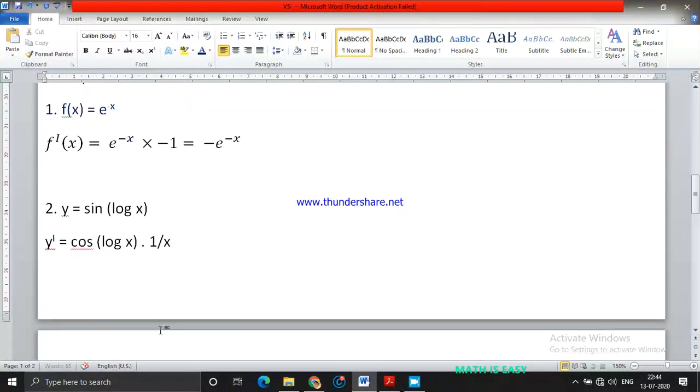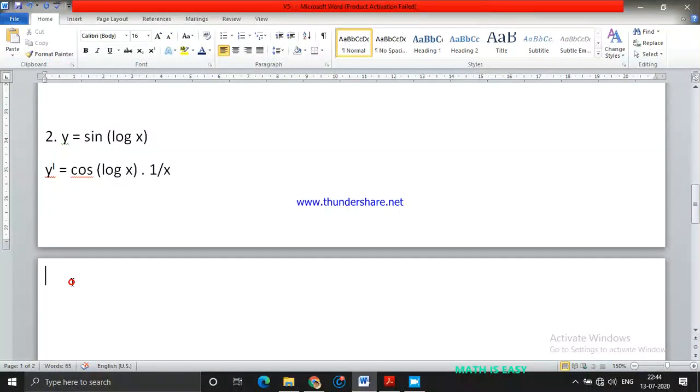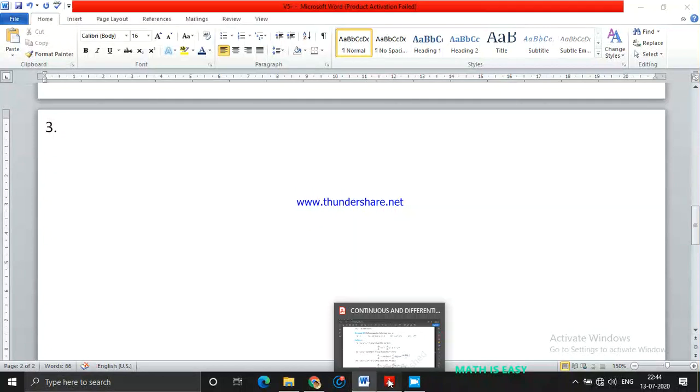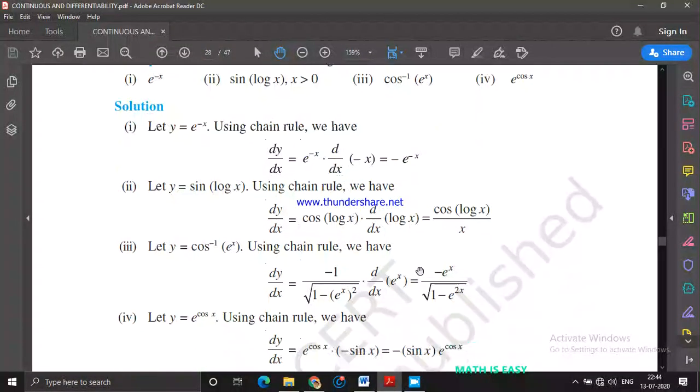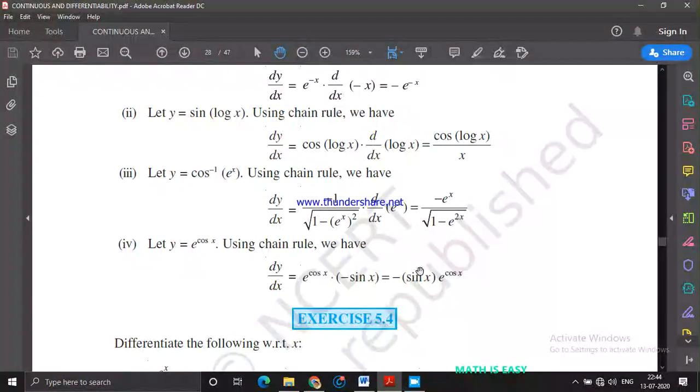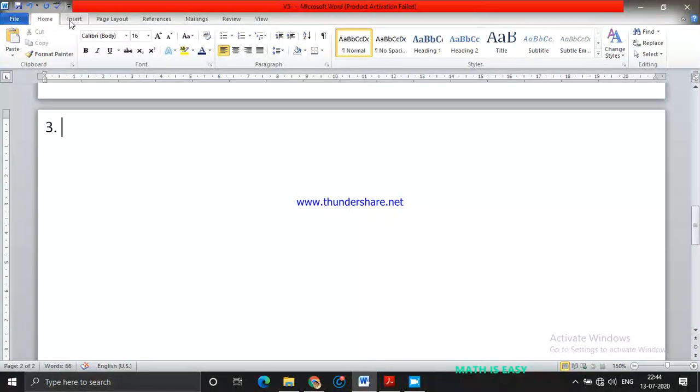So chain rule comes anyway. We already discussed the chain rule that follows every time. Next example, there are derivations given. You can go through the derivations. Okay, cos inverse e power minus x. Let me try this one.